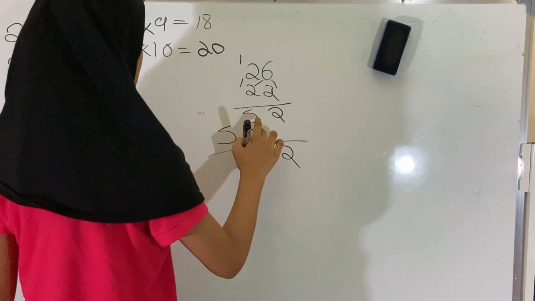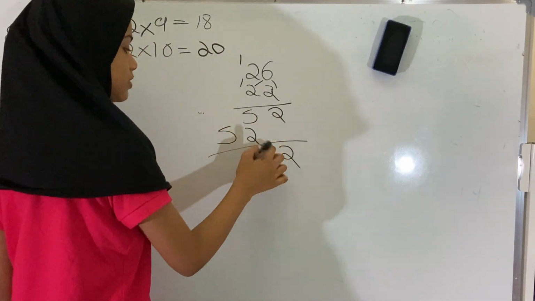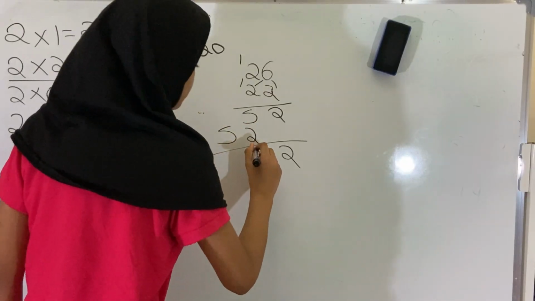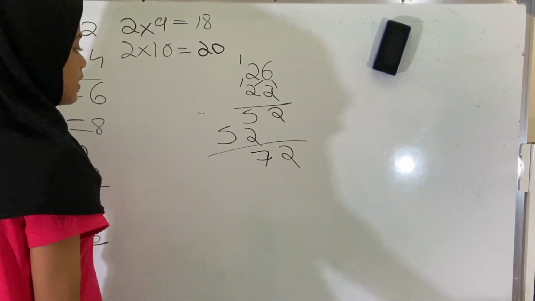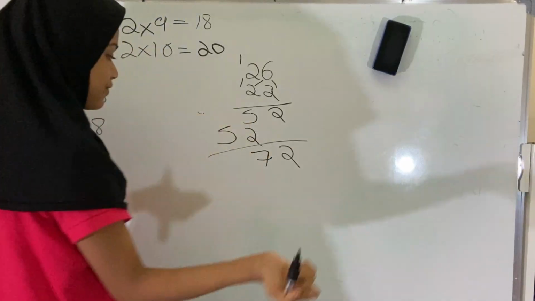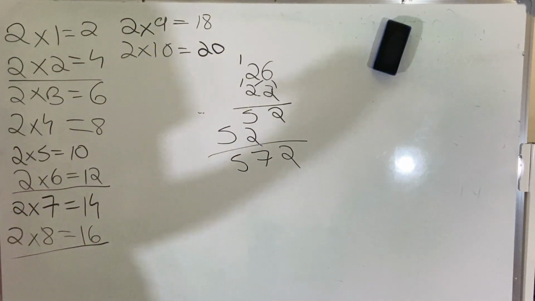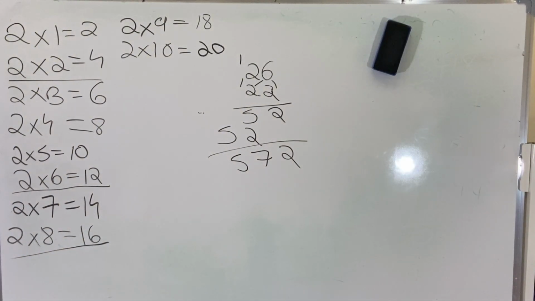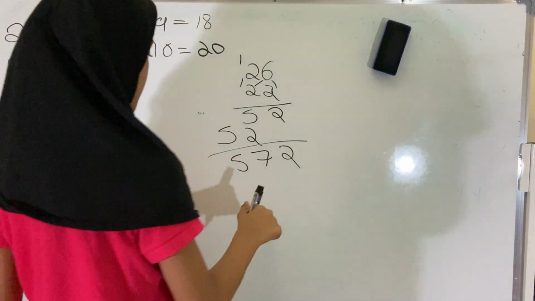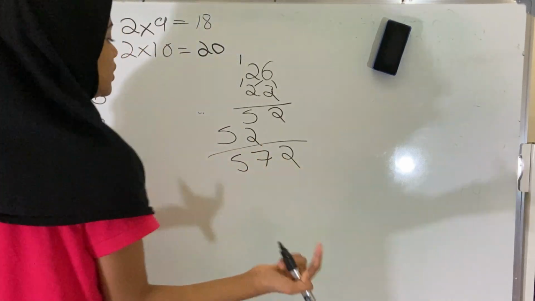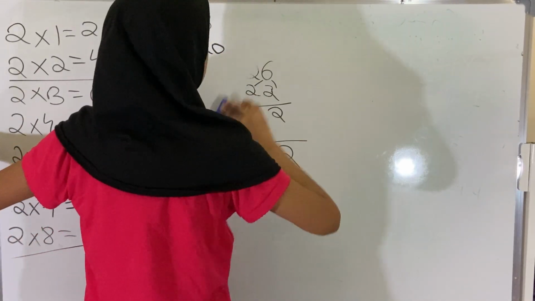But for 5, we have 2, so let's add 5 plus 2. And 5 plus 2 is definitely 7. Now we don't have anything to add with 5 too, so let's also write that there. Okay, so our answer is 572. Now let's go to division.